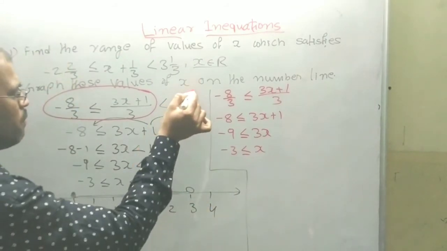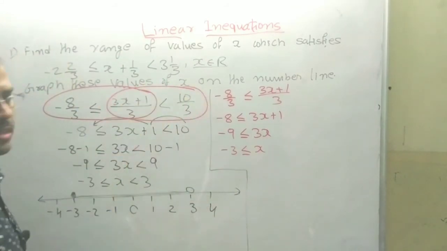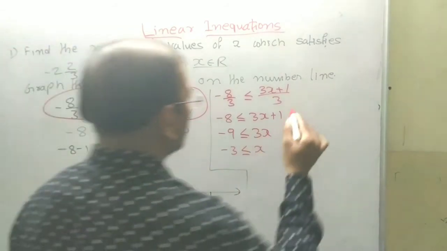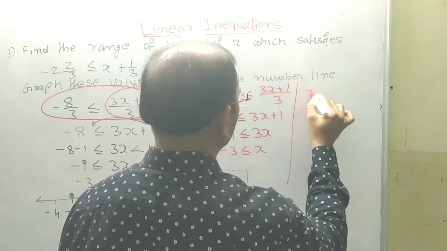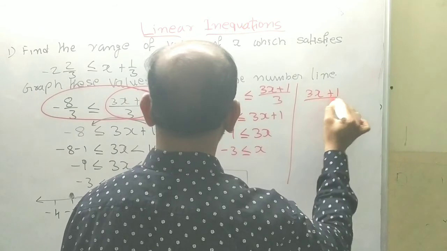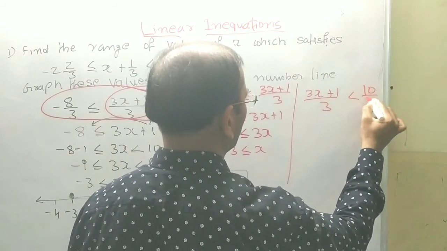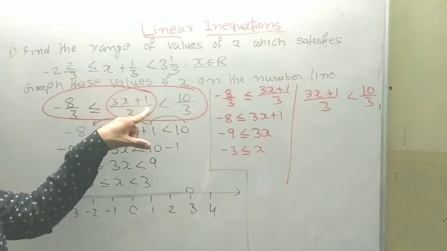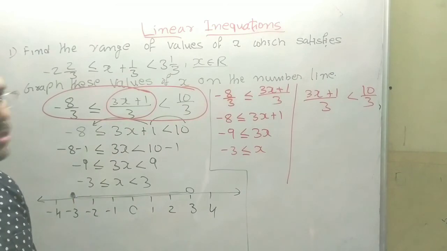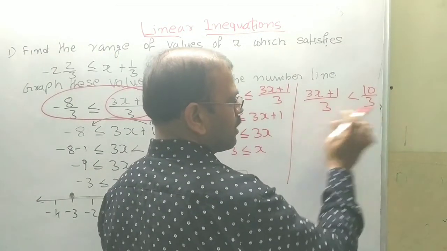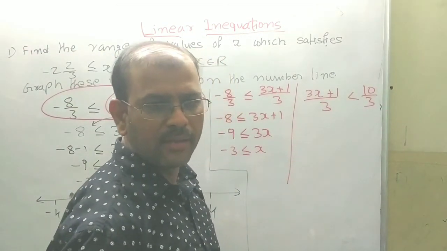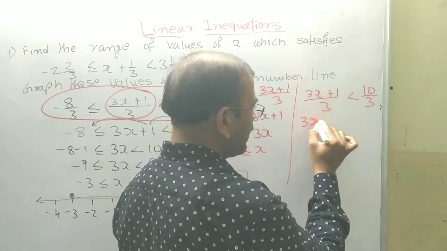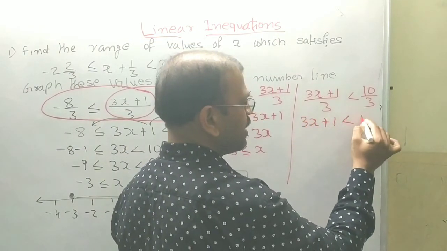Now the second part is this. In the second part, what you are going to apply? 3x plus 1 upon 3 less than 10 upon 3. So that means, the middle part, you are going to take in both directions. Now simplify. This inequation we can divide by 3: 3x plus 1 less than 10.